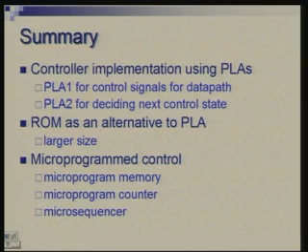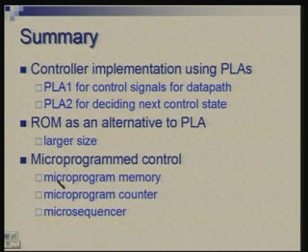To summarize, we completed the design of the controller which we started last time, and we saw that we require two PLAs. One takes care of generating the control signals for the data path, and the second generates the next state for the control. We saw ROM as an alternative to PLA, but there is a problem of large size, and this difference could be very significant in many cases.